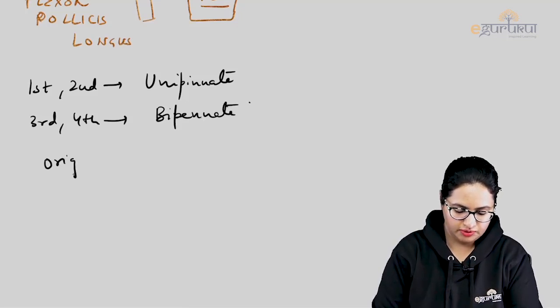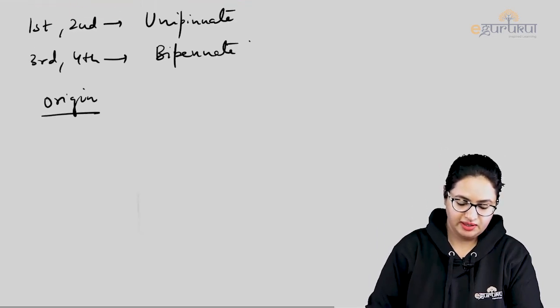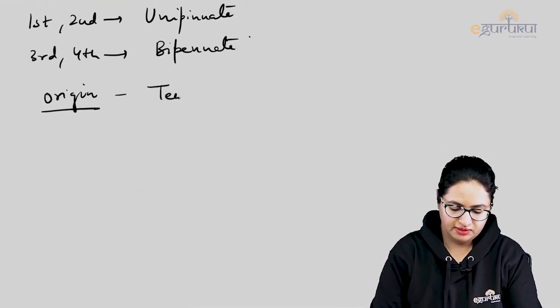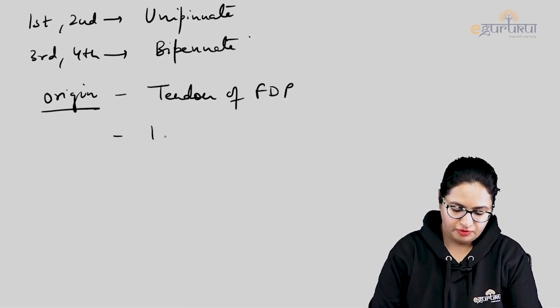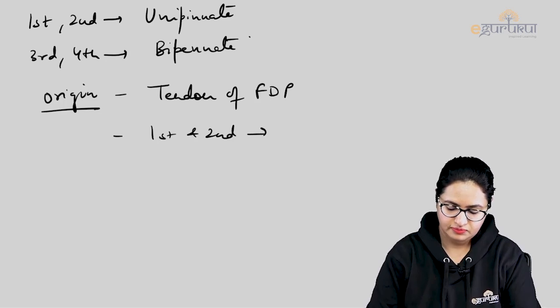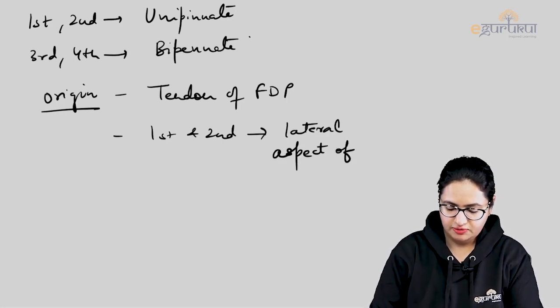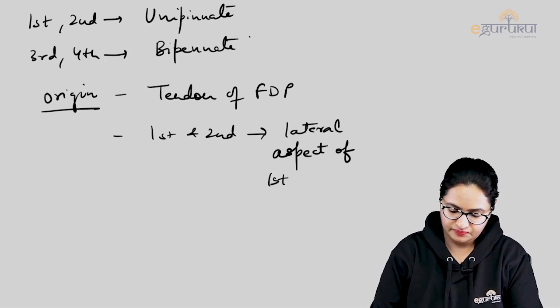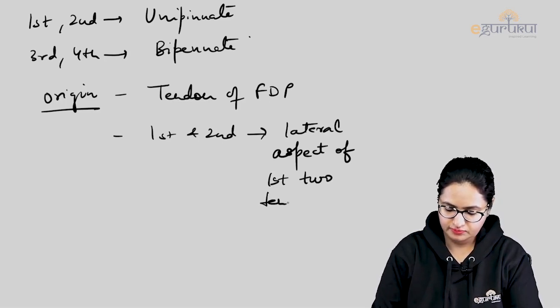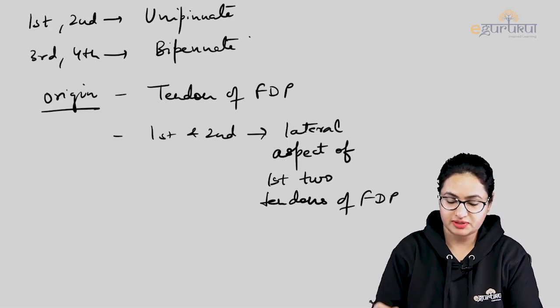And if we talk about the origin of these lumbrical muscles, they originate from the tendon of flexor digitorum profundus. For the first and second, they take origin from the lateral aspect of the first two tendons of flexor digitorum profundus.